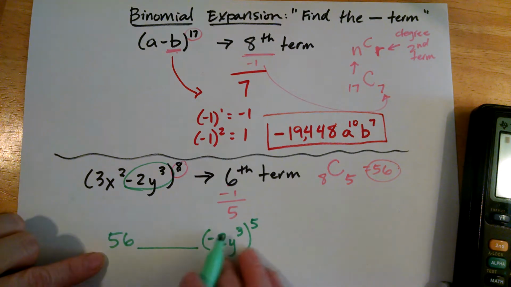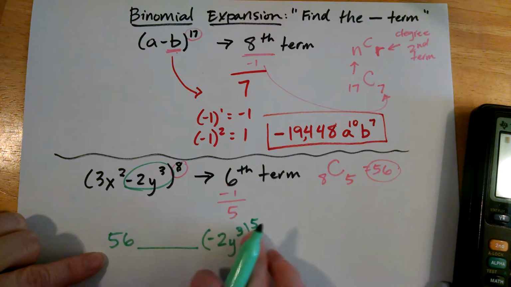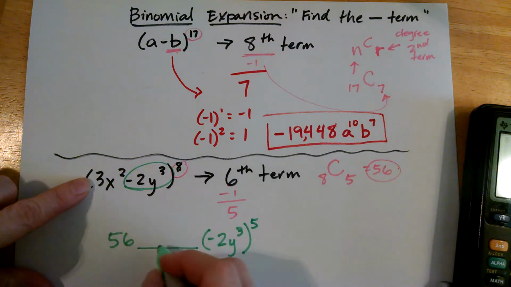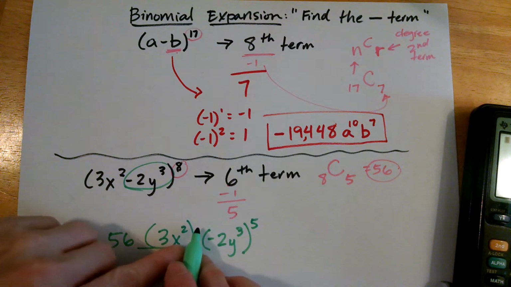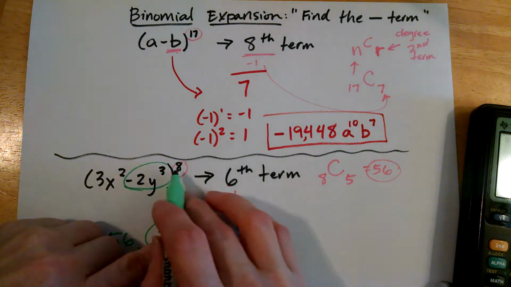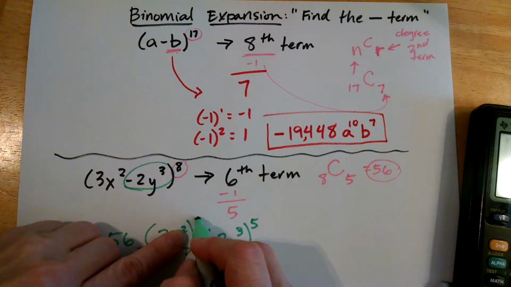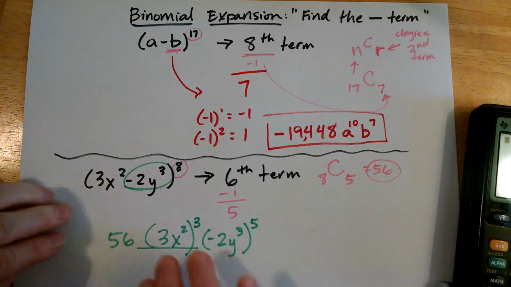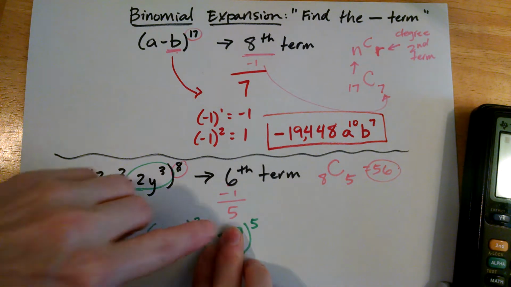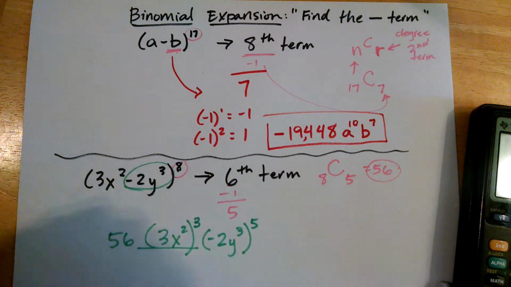So this second term is raised to the 5th power. Now the first term has to be raised to something that we add to 5 to get to 8. So 5 plus 3 is 8. So first term to the 3rd power, second term to the 5th power, that equals 8. We've got it right there.